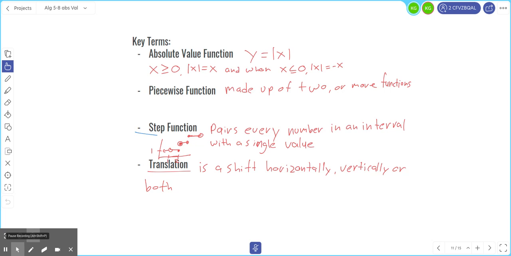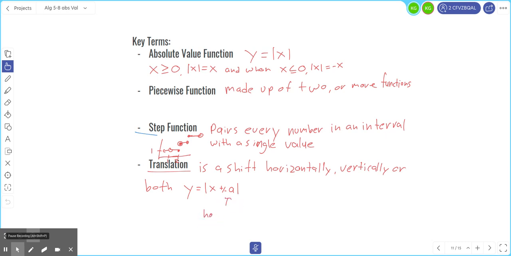And so I'm going to give you a little hint as you go forward here. We saw that to shift something horizontally, we would add or subtract a value inside the absolute.